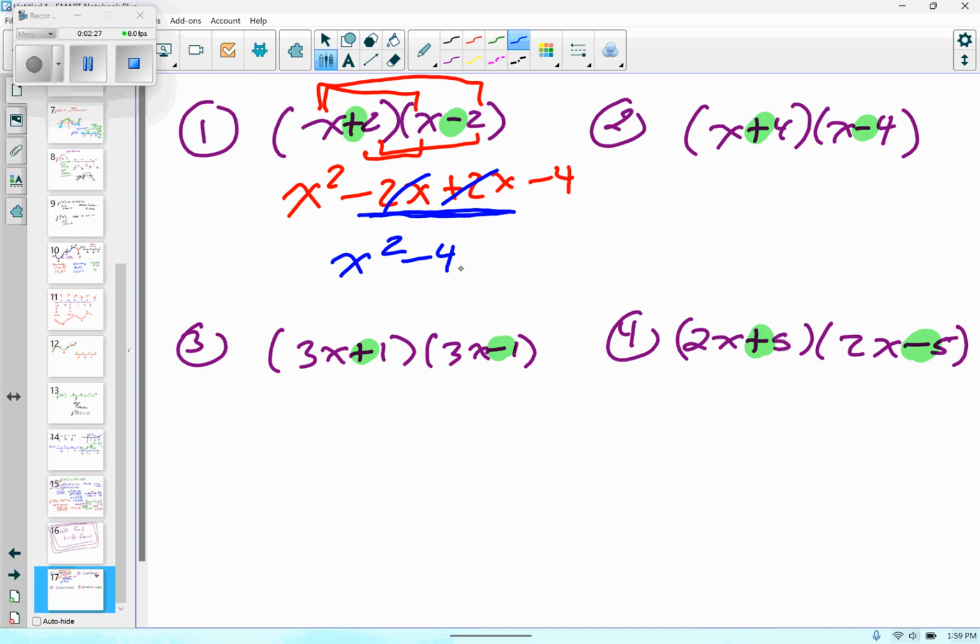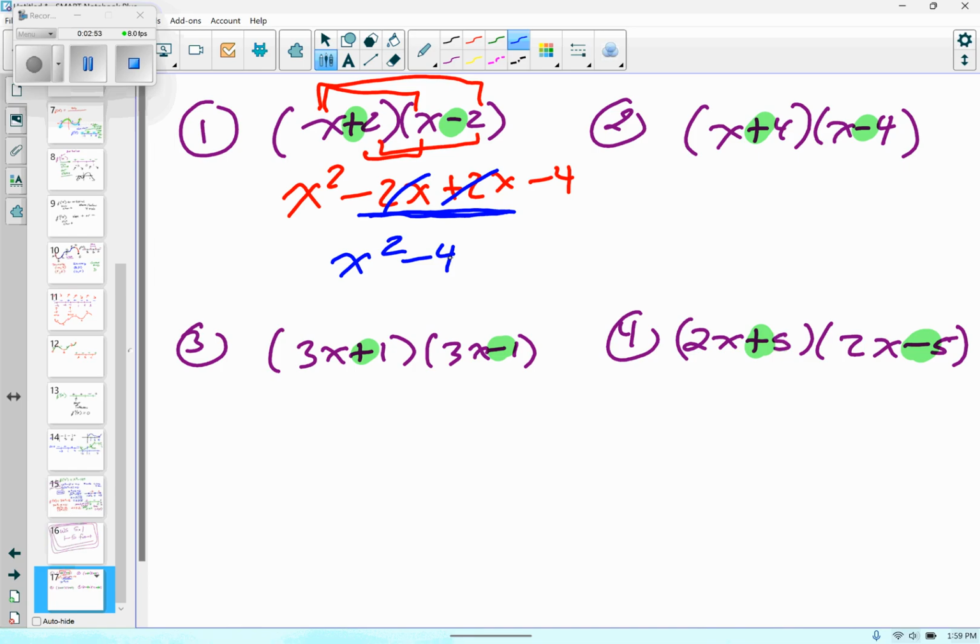No. So conjugate in math just means you have opposite sign. Everything else is the same, just opposite sign. So take a look at this. Notice the middle's canceled out up here. Agree? Everyone feel comfortable with that terminology? Okay, so my answer comes out to x squared minus 4. So I get the x squared by going x times x, and I get the negative 4 by going positive 2 times negative 2.